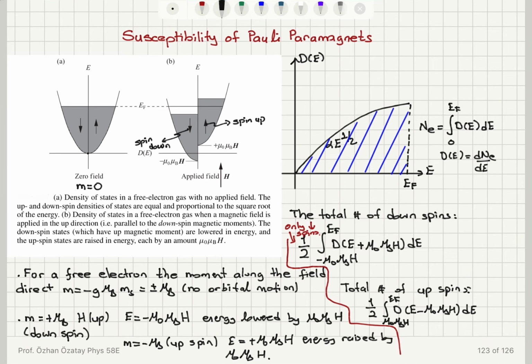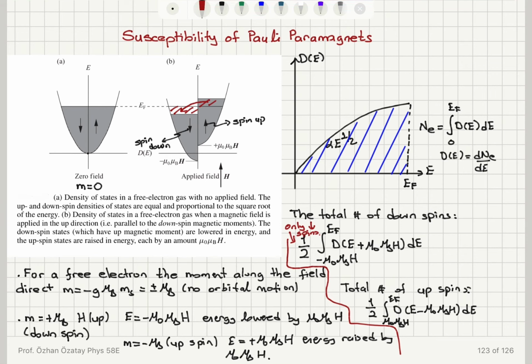So we need to calculate the imbalance in the number of up spins and down spins in these states. What we will find is that the integral from minus mu 0 mu B H to E Fermi of the density of states multiplied by 1/2, because we're considering only one type of spin, will give me the number of down spins. So basically what is happening here is that these extra up spins are flipping, and they're going to be filling this area, and then we can find how many extra down spins we have obtained at equilibrium.